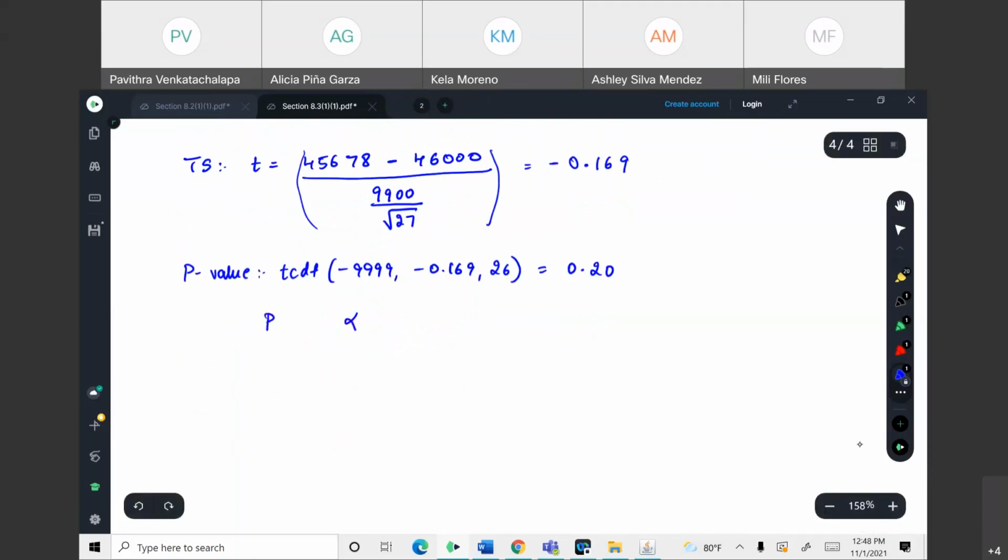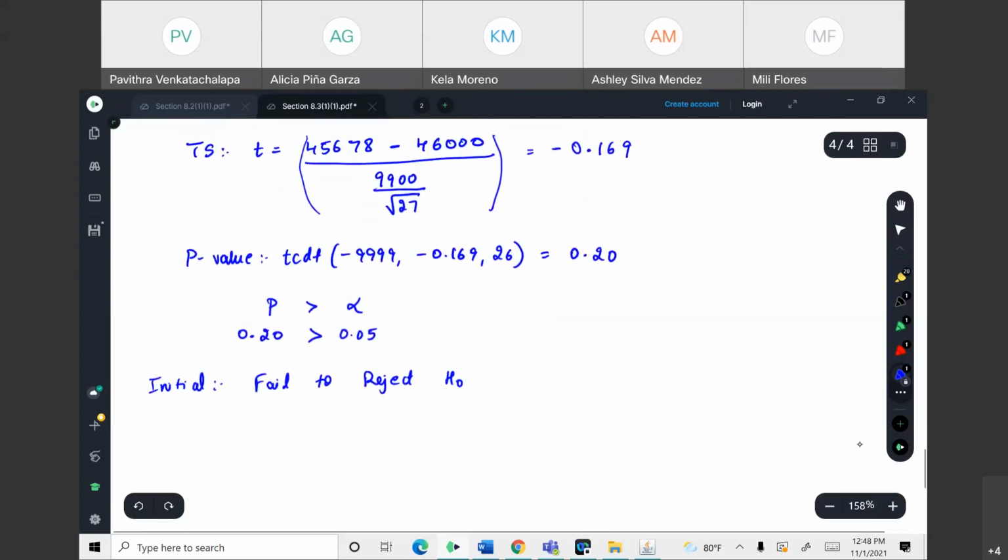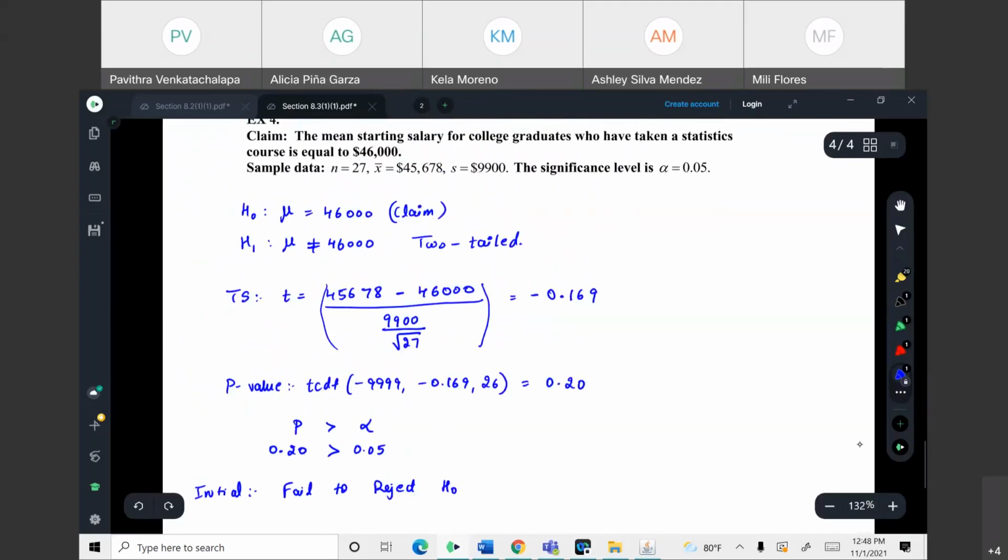P is 0.20 and alpha is 0.05. So P is greater than alpha. So your initial conclusion will be fail to reject H naught. Okay. And you can write the final conclusion. Just go to the table and you can decide the final conclusion then. So that will complete your chapter 8.